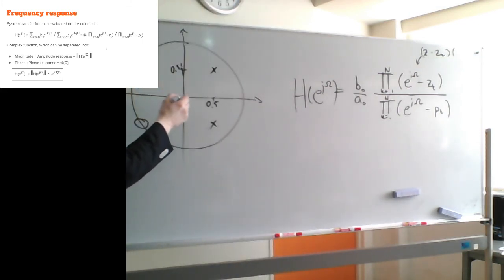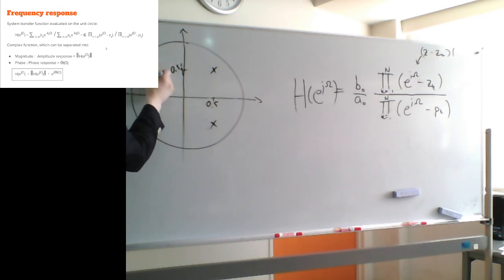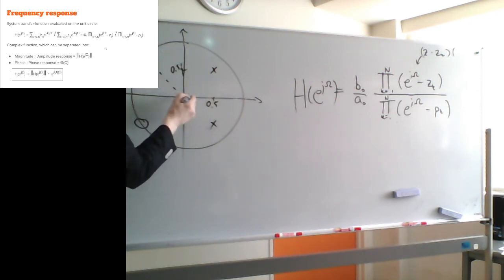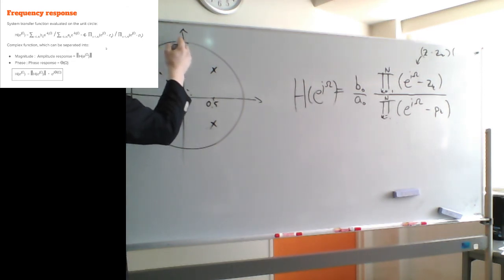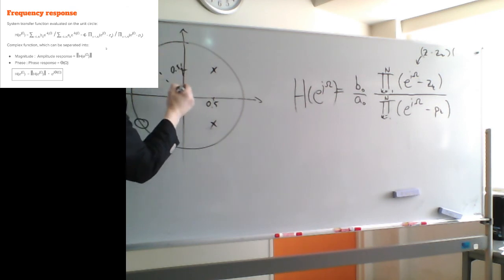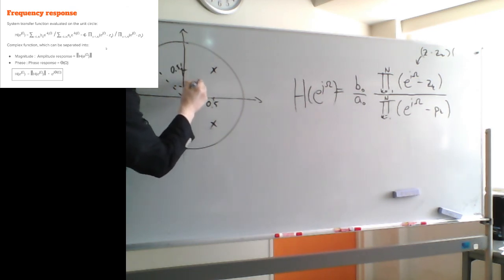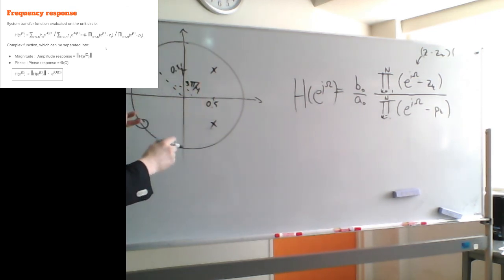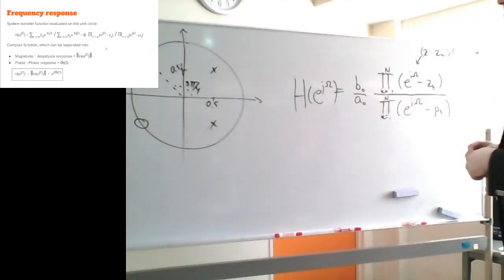And then we have another that I will define by the complex angle: magnitude 1 at angle 3 pi over 4. Okay, good. So those are the locations.